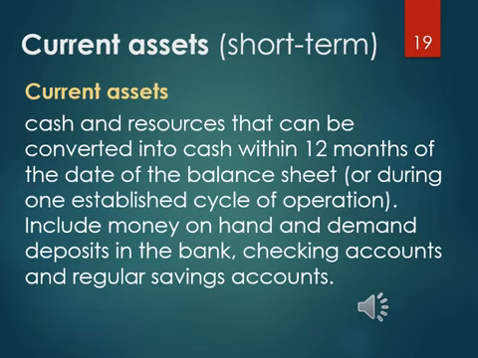Current assets, cash and resources that can be converted into cash within 12 months of the date of the balance sheet, or during one established cycle of operation, include money on hand and demand deposits in the bank, e.g., checking accounts and regular savings accounts.